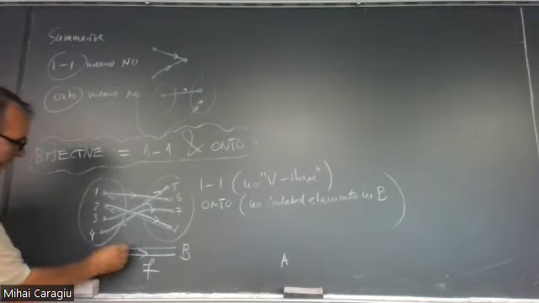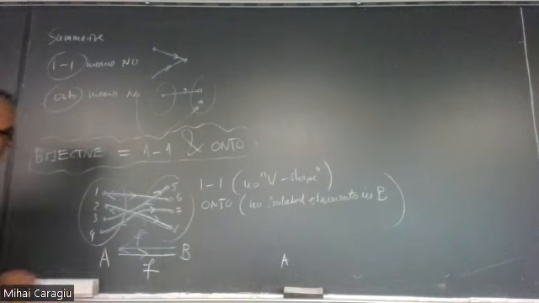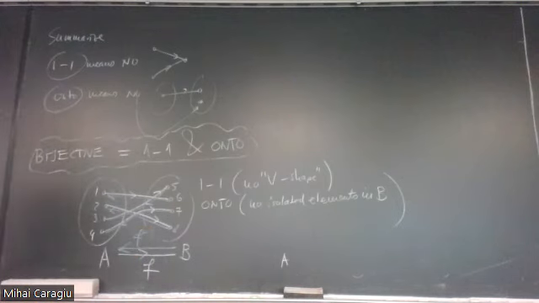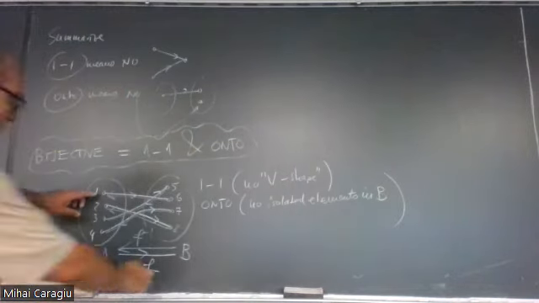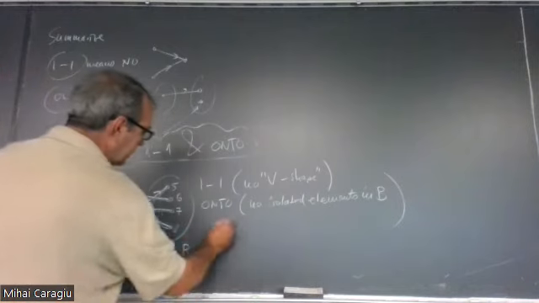The notation is f to the power minus 1, but don't confuse it with 1 over f, the arithmetic inverse of a real number. It's the inverse of a function, f inverse from B to A. So look at one of those arrows, in white, f of 1 equals 6.